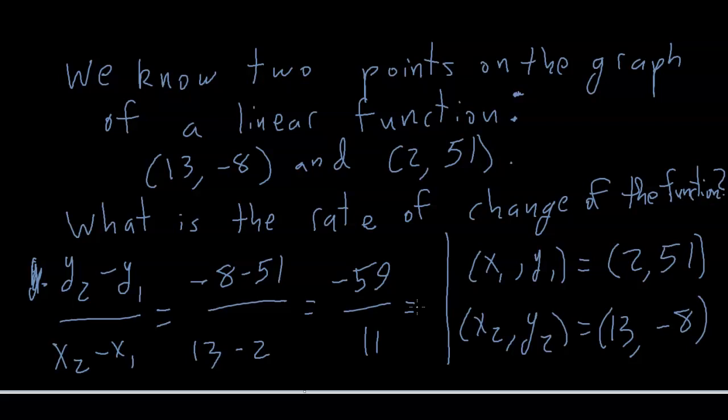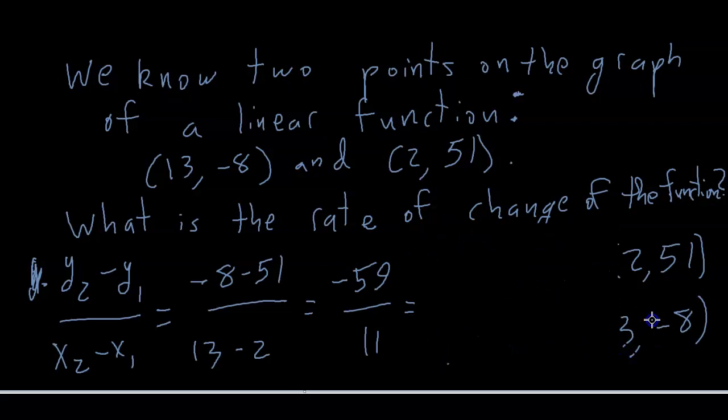Or if we wanted to, we could write it as a decimal, which would be just about negative 5.36, okay? But there's nothing wrong with the fractional answer either. So that would be the rate of change of a linear function which had these 2 points on its graph.